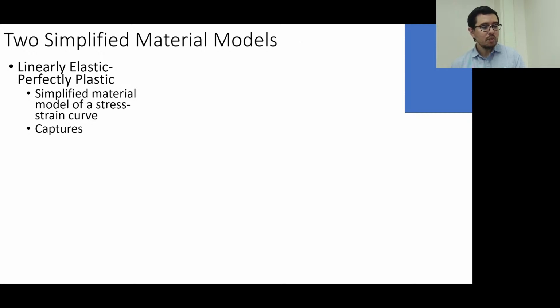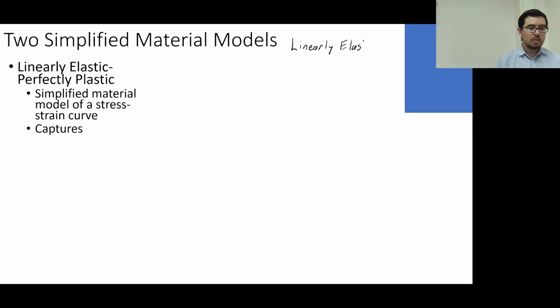There are going to be two models that we're responsible for in this class. One is the linearly elastic, perfectly plastic model, and this is the one that we've already discussed. It goes up, and then it goes flat. What is this going to capture?